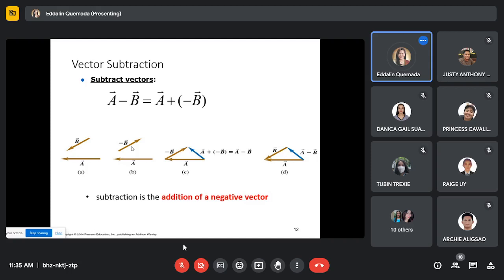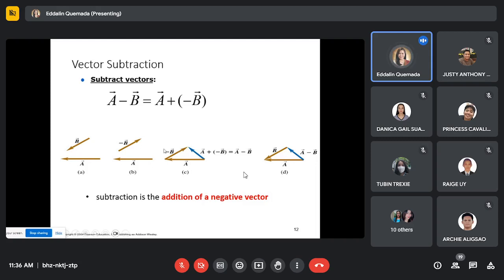Clear, ma'am. Now, if we are asked to find the resultant, class, in this given case where you're adding the negative of vector B, this is now the case. So here in scenario C, this is how you do it. Vector A plus the negative of vector B, this is now the given resultant. A plus the negative of vector B, this is our resultant, the one in blue.